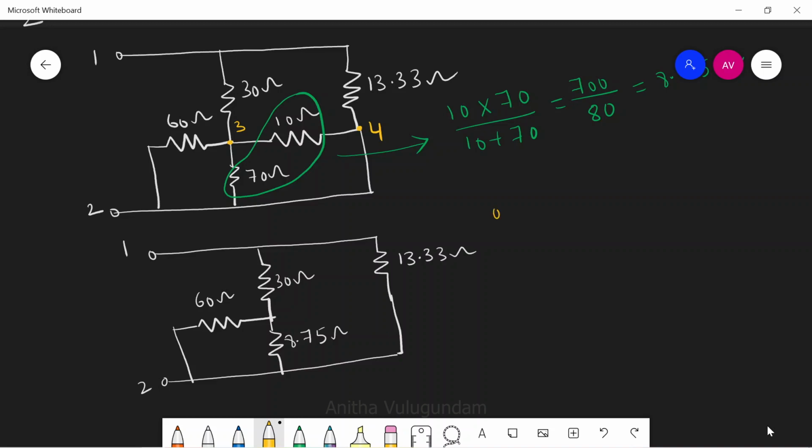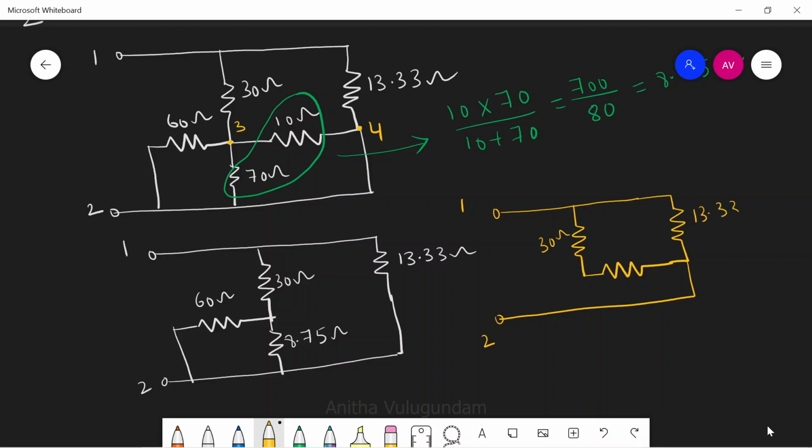We can redraw the circuit like 1, 2, and this is 30 ohm, and this is 13.33 ohm, and this will be 60 into 8.75 divided by 60 plus 8.75, equal to 7.64 ohm.